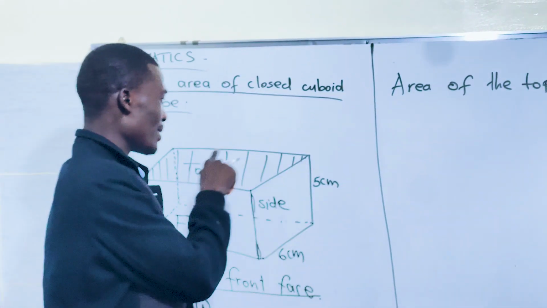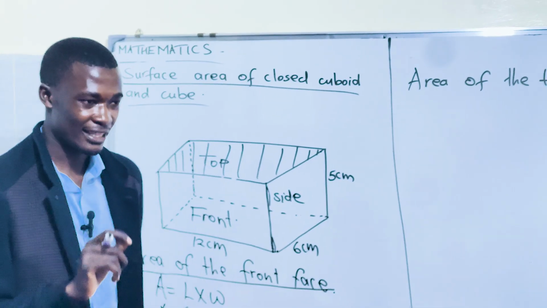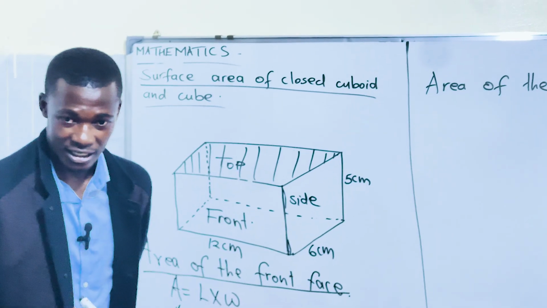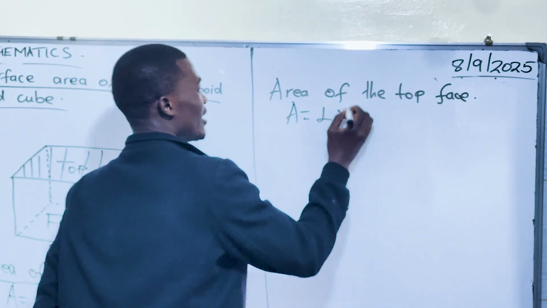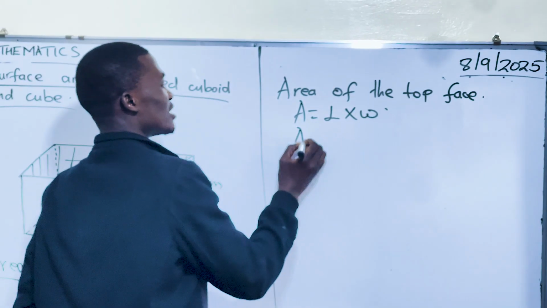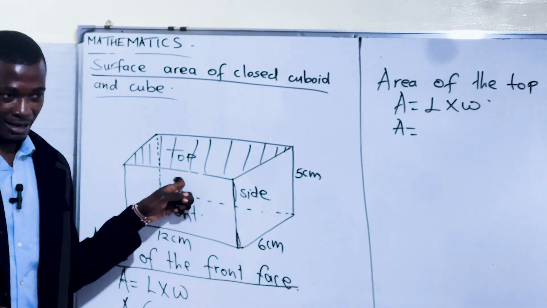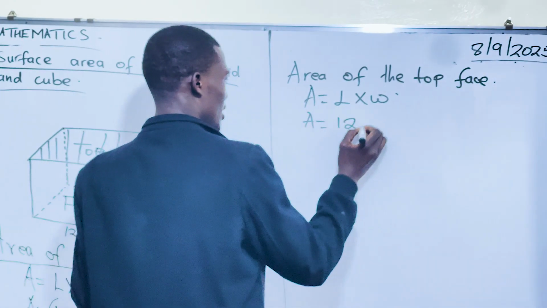Therefore, if the shape at the top is a rectangle, what is the formula for finding the area of a rectangle? Yes, Kifa? Length times width. So we say area equals length times width, which is going to be, what is the length of the top part here? Mohammed? 12 centimeters. Very good.